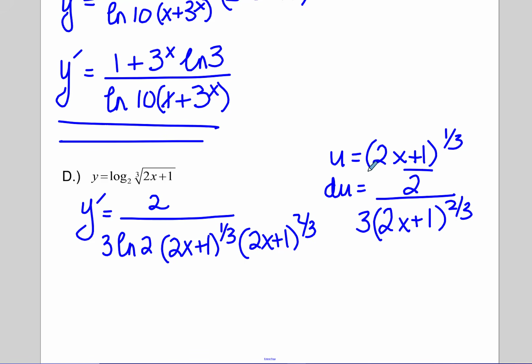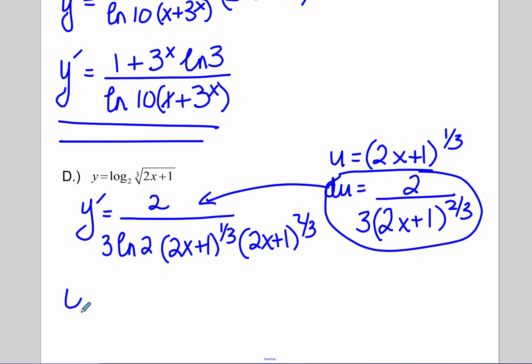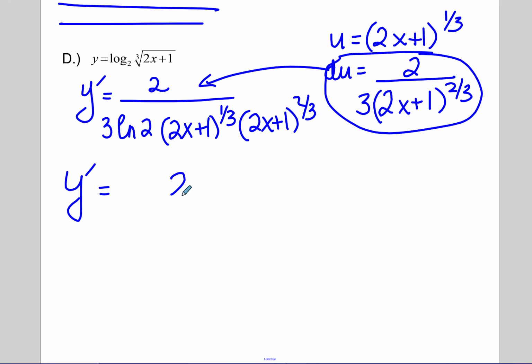So I just moved this little piece over, this derivative, I put that into my derivative. Y prime, cleaning that up, is going to give us 2 in the top, 3 natural log of 2, and here I've got 2x plus 1 quantity to the 3/3 power, so that's a 2x plus 1.